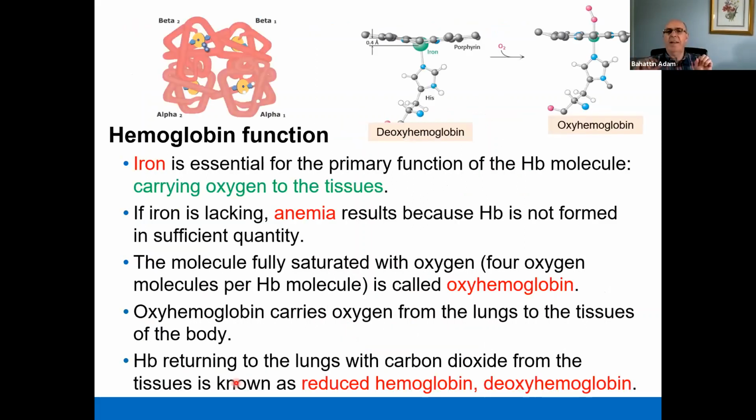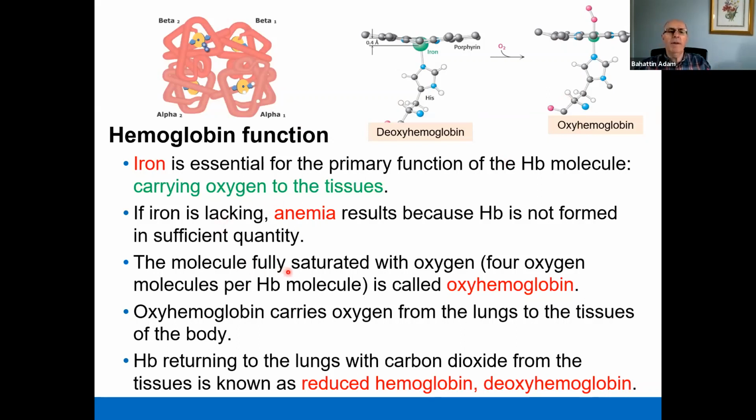Now let's talk about the function of the hemoglobin. As I mentioned a little, the structure of it. Now you see the molecular structure of the hemoglobin, and in the center of the porphyrin ring, the iron atom, and the molecular oxygen will bind to the iron in order to transport oxygen from the lung to the tissue.